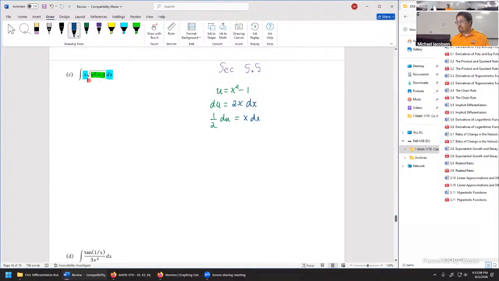And the x dx we see in this integral here, we're just going to replace with the 1/2 du. X squared minus 1 we see here, that's going to be replaced with nothing but u itself from the original substitution. And this is the initial setup for using this method. Any questions on getting through it to this step here?